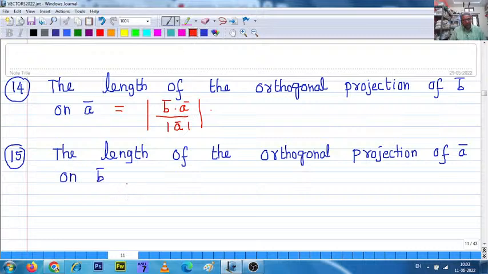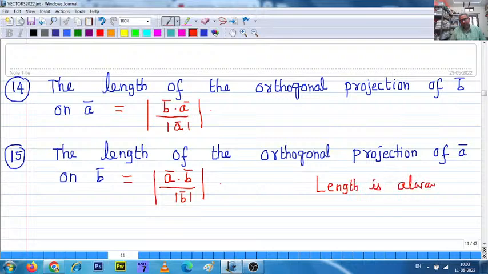So this equals to modulus of A dot B by mod B, and modulus, because the length is measured in positive. Length is always positive, and also scalar quantity. This is scalar. Clear? I hope it's very clear to you.